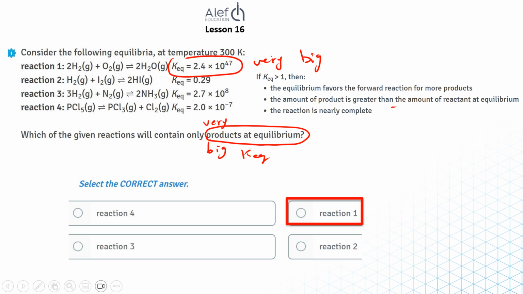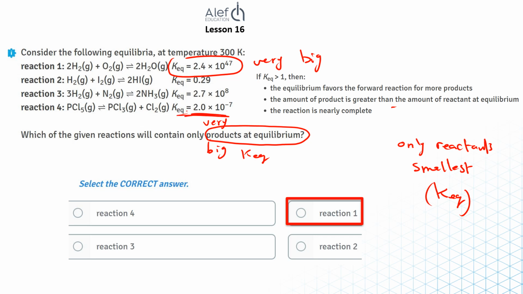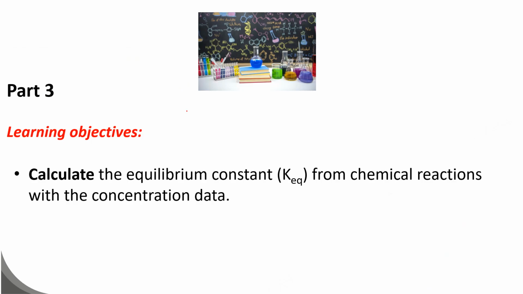The products are favorable at equilibrium. If they ask which one will have only reactants, that means the smallest K equilibrium, which is this one. Okay. All right. Now we finished part 2, guys.